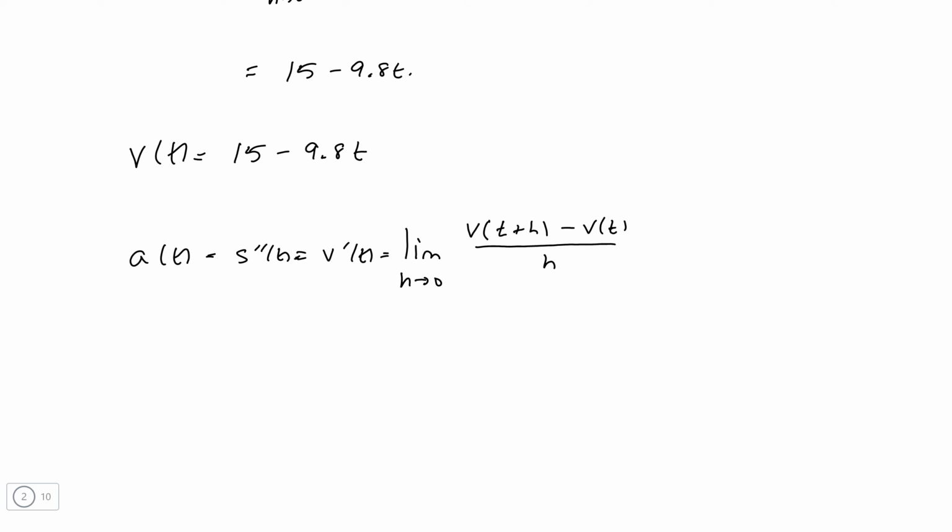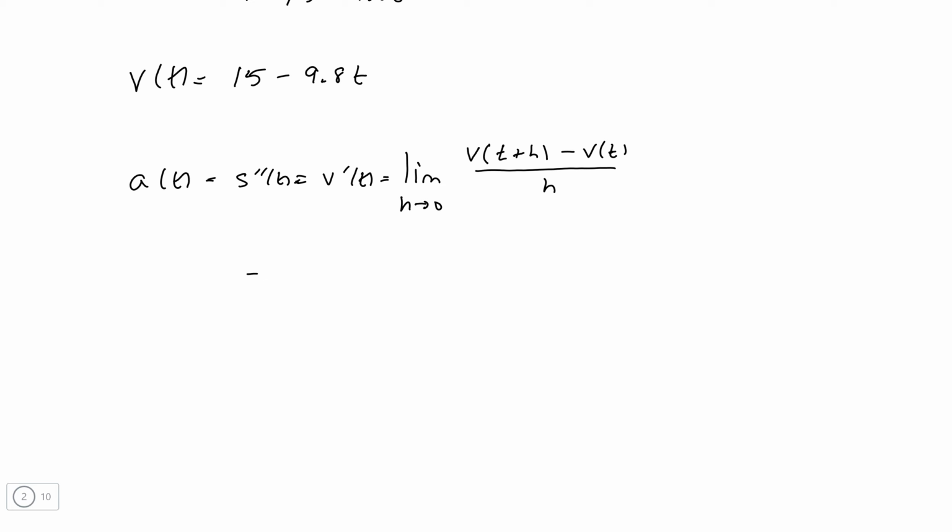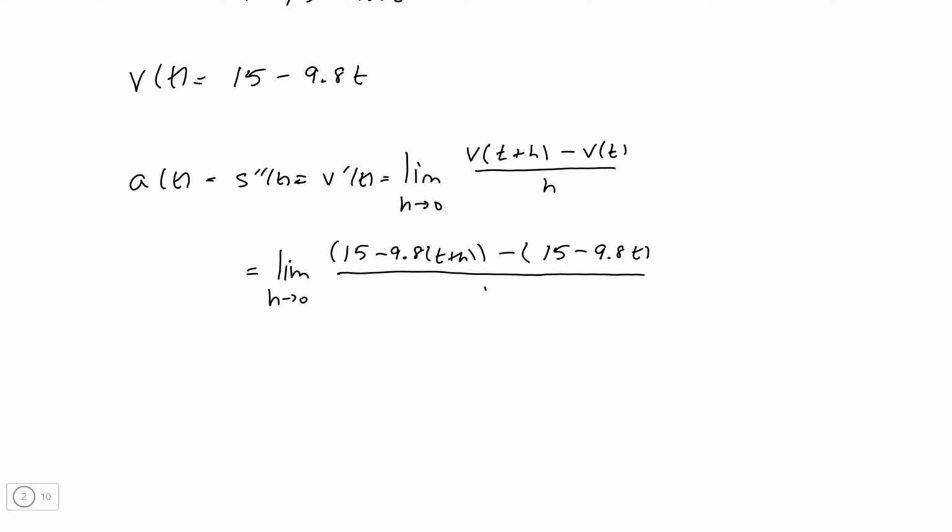Apply the same formula, but now to the velocity function. If I plug this in, I get 15 minus 9.8 times t plus h, minus 15 minus 9.8t, all over h.